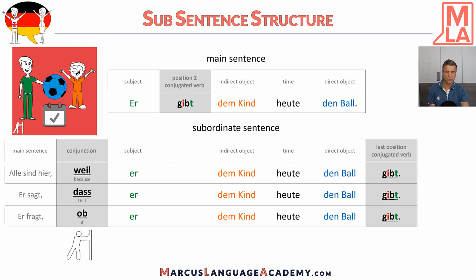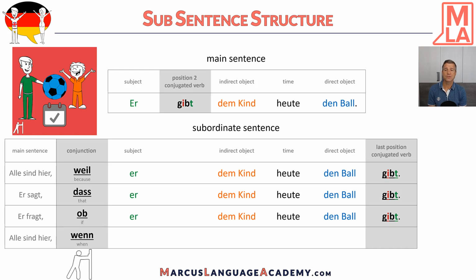Ob, also a pusher. And then we also have Alle sind hier, wenn, when. Alle sind hier, wenn er dem Kind heute den Ball gibt. Here we have four really important conjunctions: weil, dass, ob, and wenn. So I think that's quite clear.